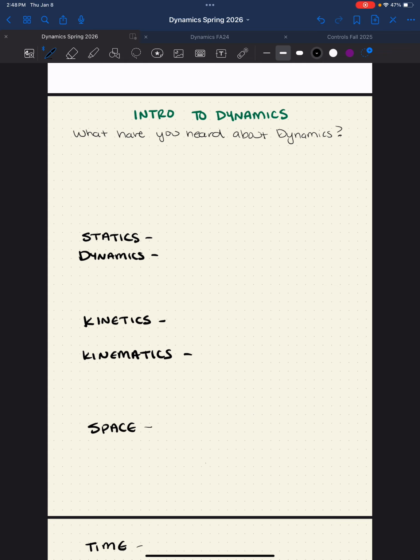So very great discussion that we had about what you've heard about dynamics. And then we started talking about some definitions. So we started talking about how statics refers to objects with zero acceleration. And if an object has zero acceleration, then Newton's second law boils down to the sum of forces equaling zero.